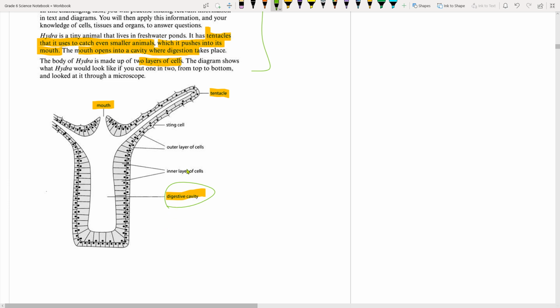But the student identified that, sir, it does have a tentacle with which it is catching the prey and uses the tentacle to put it through the mouth, and definitely the mouth is allowing the food to go into the digestive cavity. So there are three organs that are working together to do the digestive work, right? So it would be a digestive system.